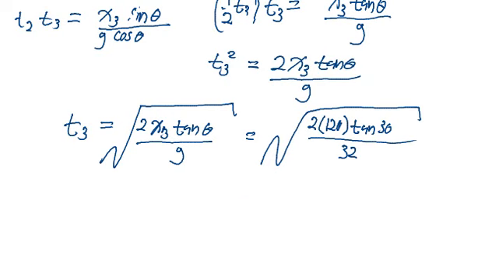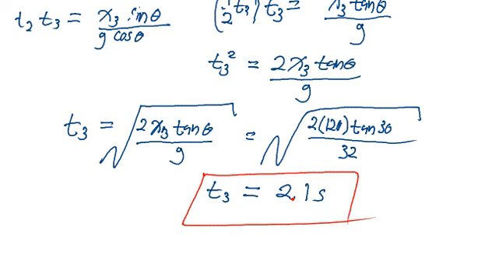I'm going to round that to 2.1 seconds, and that's going to be the value of t3. So we've got our units, and we've got our significant figures, and we accomplished the problem, which took us a few steps. It took the catcher 2.1 seconds for the ball to get to the second baseman.